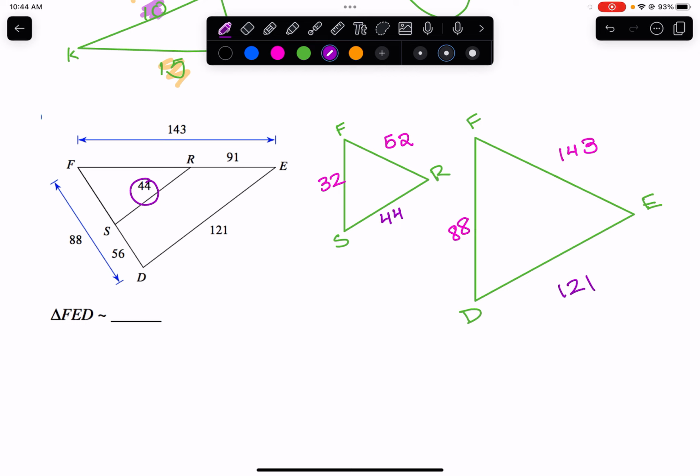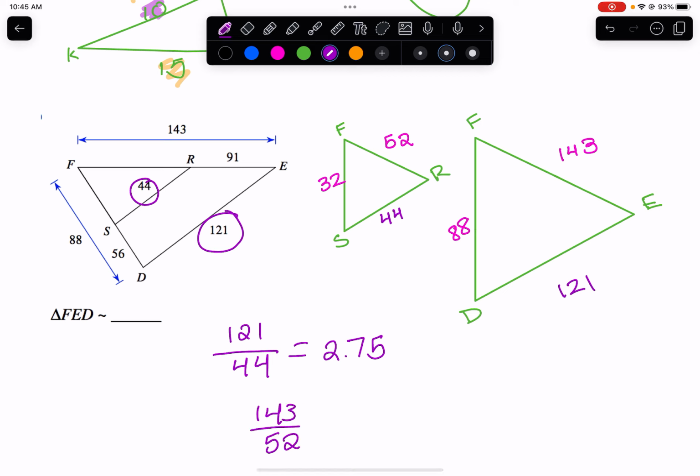So we know that 121 and 44 should be, so this simplifies to about 2.75. So if I check my other sides, 143 over 52, this gives me 2.75.